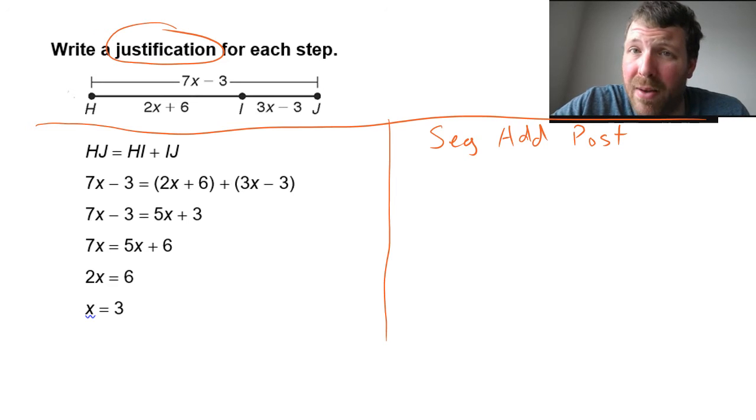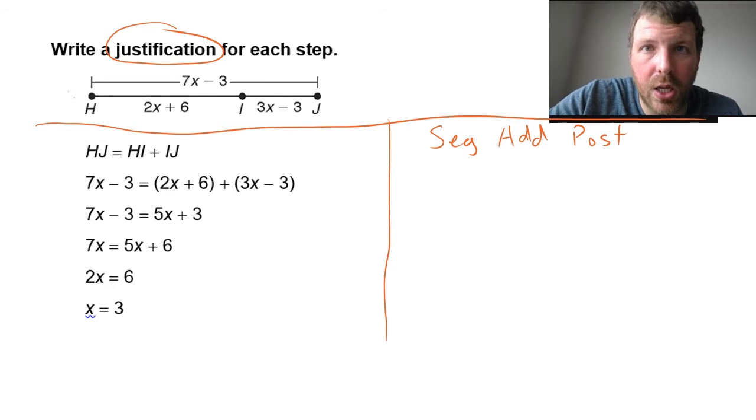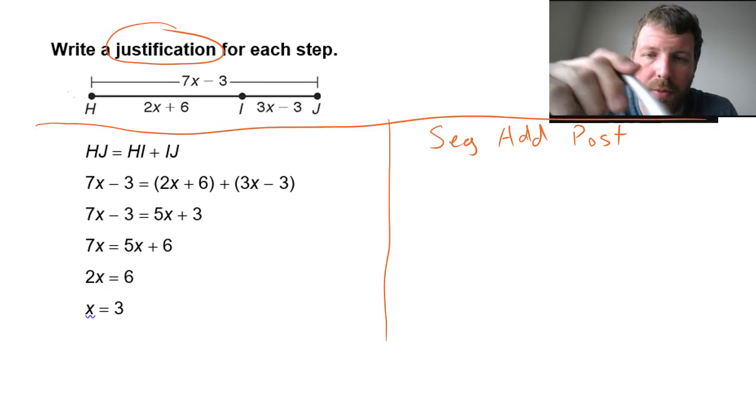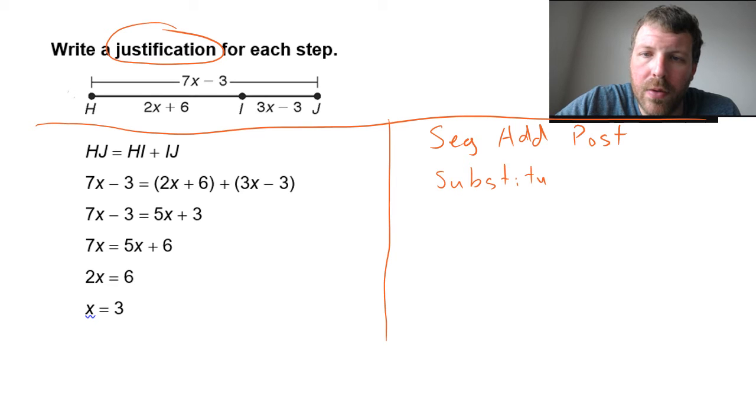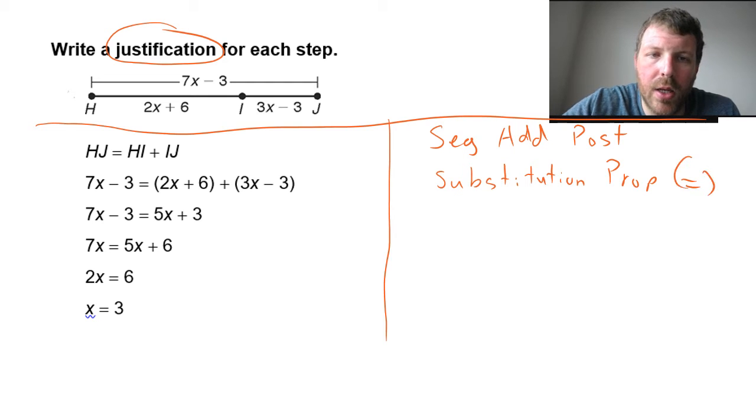If I say replace, that means I'm substituting in, I'm plugging in, because HJ is equal to 7x minus 3. When I see that plugging in, that is called the substitution property. Now we also want to put "of equality" because we're looking at an equation.